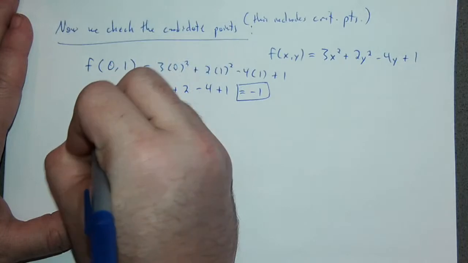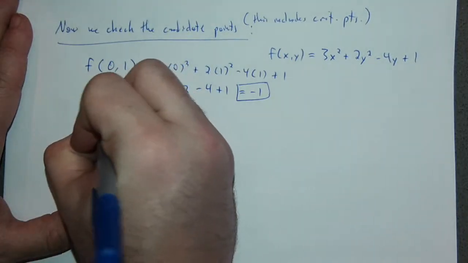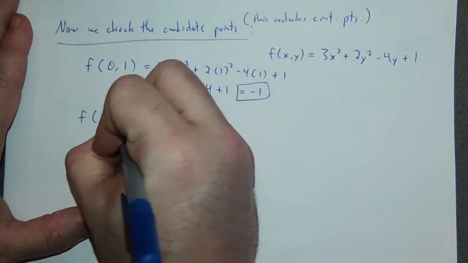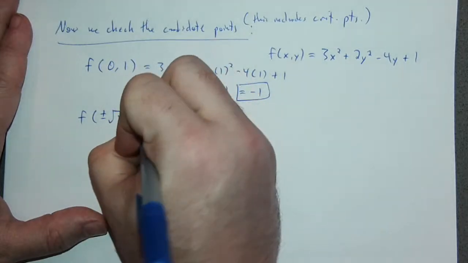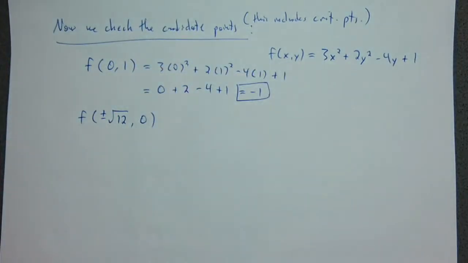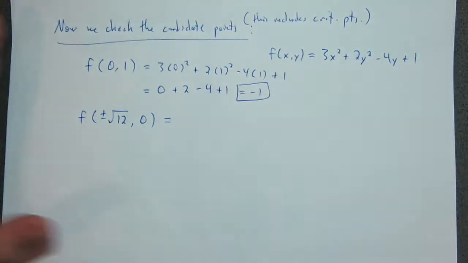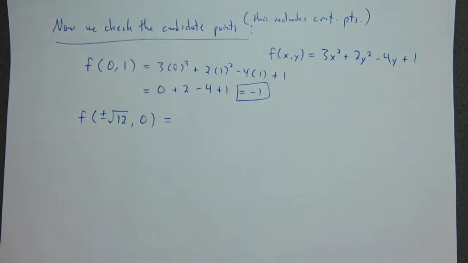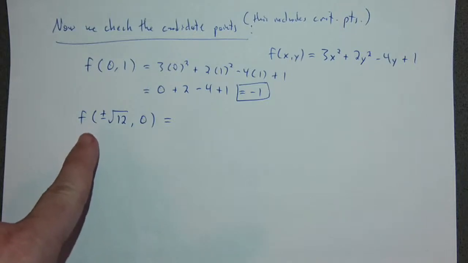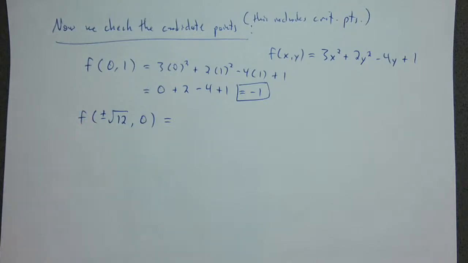What is f of plus or minus the square root of 12, 0? Well, why can I do this, first of all? Being able to check multiple points at once depends on the form of the function.